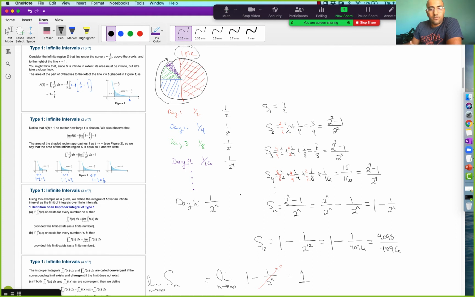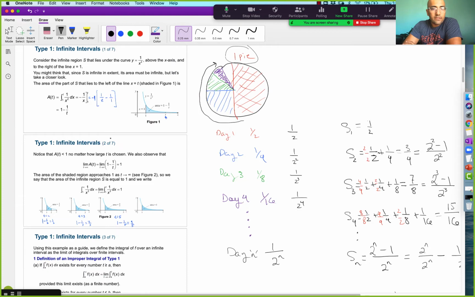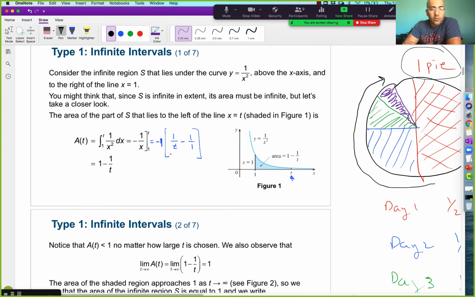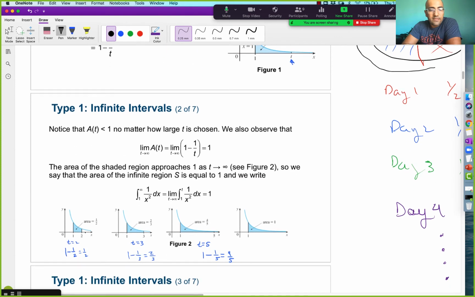Good? Questions? Okay, so going back to this one over here, we wanted to find the area in blue trapped between 1 and t, this value here. If t is some constant, some place we stop, then we're going to get an area based on that value.